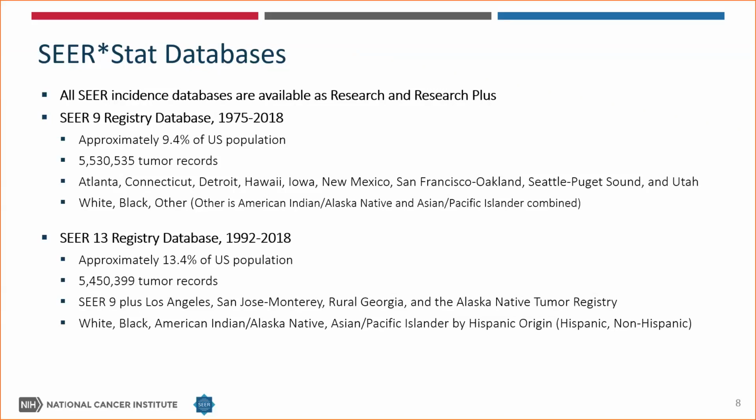That is only Alaska Natives in Alaska, one race. It is not all people in the state of Alaska. In the NPCR data, Nadia talked about the combined USCS, there's the total state registry, but the registry in SEER is just the Alaska Natives. And then we can see the race and ethnic groupings.